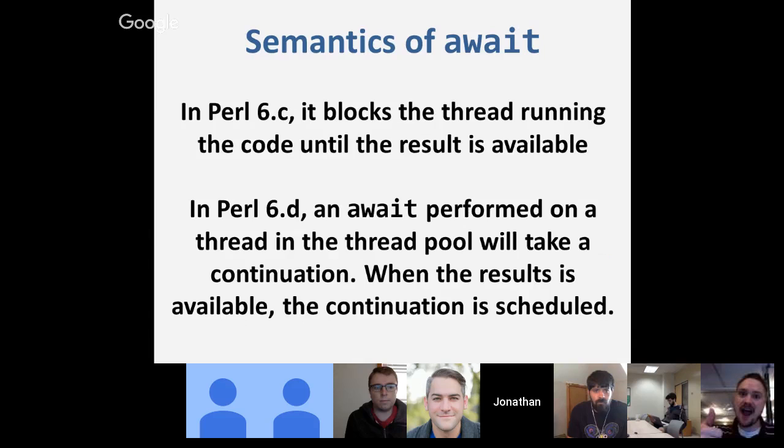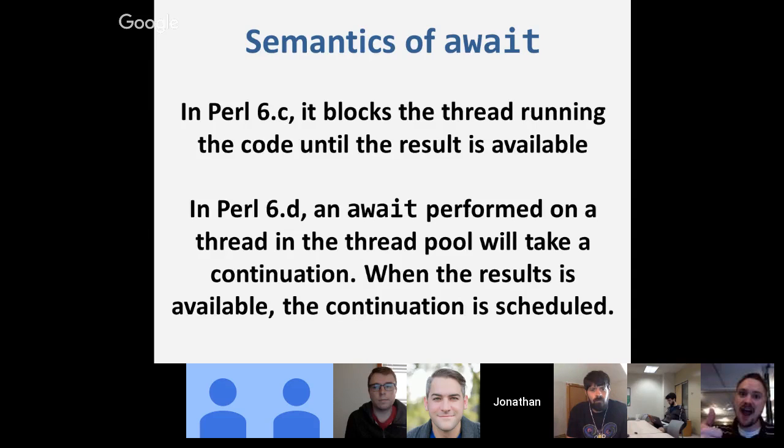Now, await is something that has been in Perl 6 since the Christmas release. Its semantics in Perl 6 Christmas are that it blocks the thread that's running until the result is available. Now, this was basically what we had time to do.